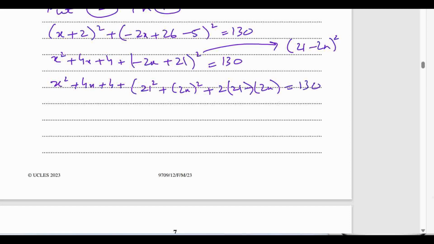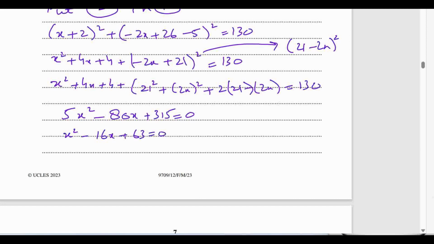If you further simplify it, you will have the equation 5x square minus 80x plus 315. Divided by 5, this will be x square minus 16x plus 63 is equal to 0.